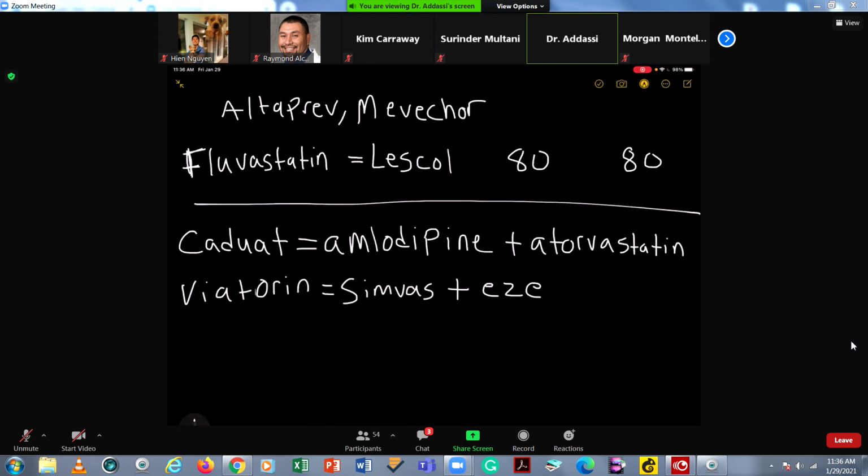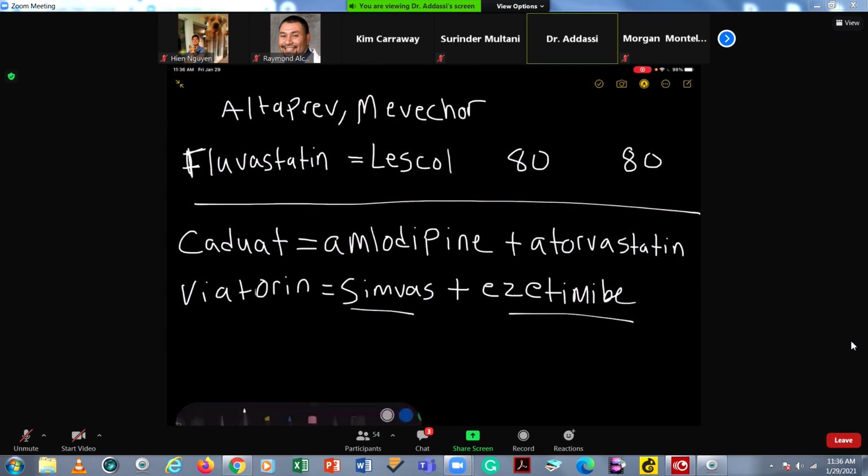God, my brain is not working right now. Let's see. There you go. So simvastatin plus ezetimibe. The spelling on that one is also incorrect. It should be Vytorin. VY. Oh, VY, sorry. That's okay. It wasn't coming up as VIA. I was looking it up. Thank you. No problem. Cool.